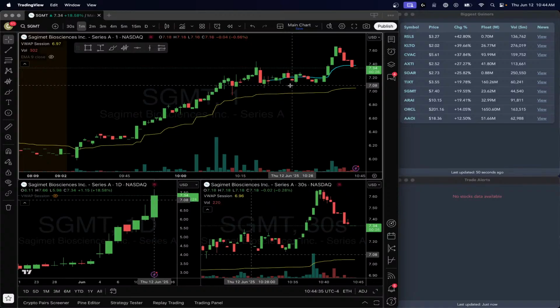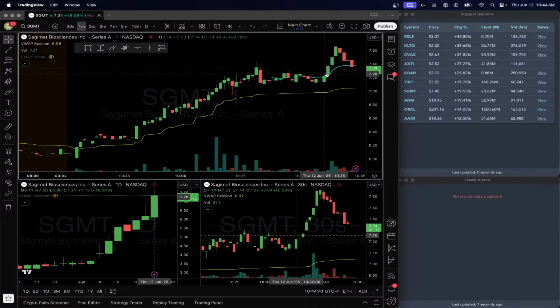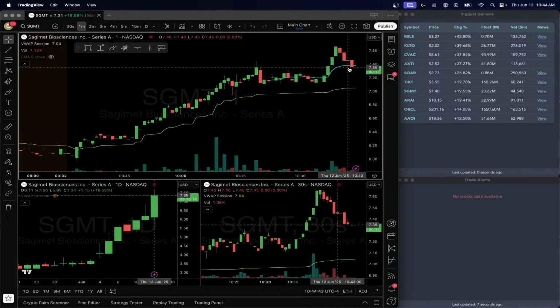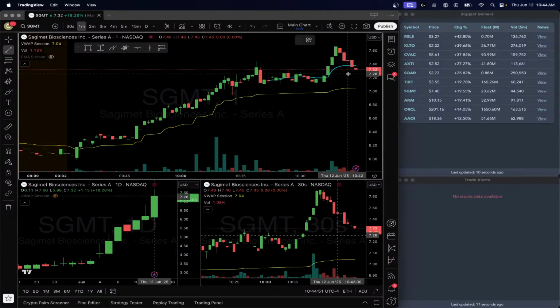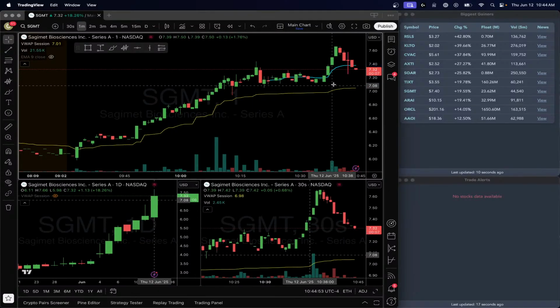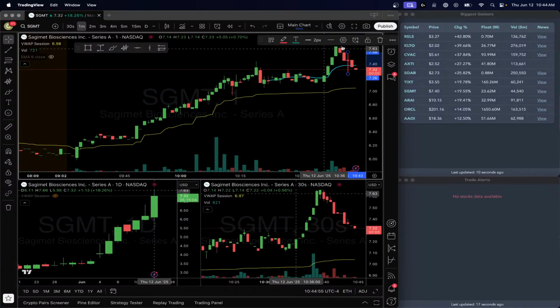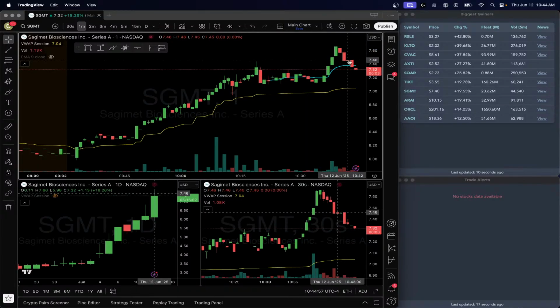I don't think I want to go past a 30-minute period. But as you can see here, it ran up and it came back to the VWAP for a 20 period right here, starting at this bar right here. Oh, that's not good. Boom. Starting at this bar right here.